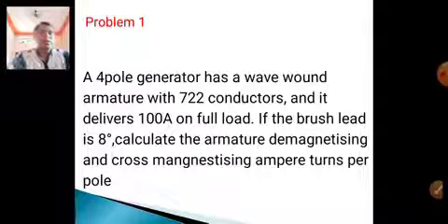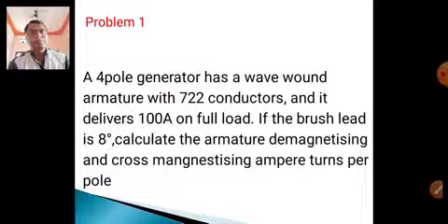Here is the first problem. A 4-pole generator has a wave wound armature with 722 conductors and delivers 100 amps on full load. The brush lead is 8 degrees. Calculate the armature demagnetizing and cross magnetizing ampere turns per pole.